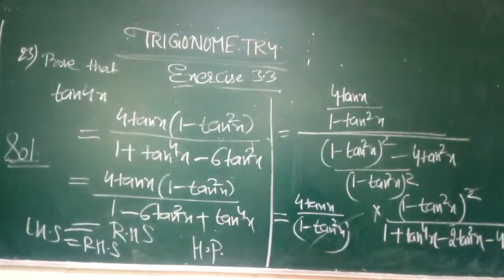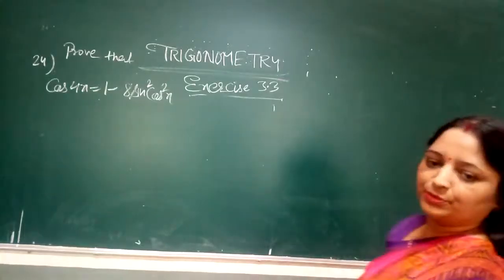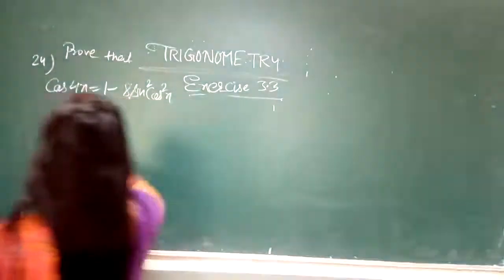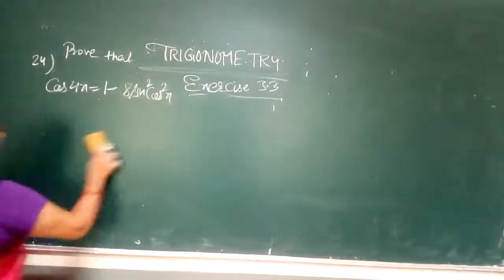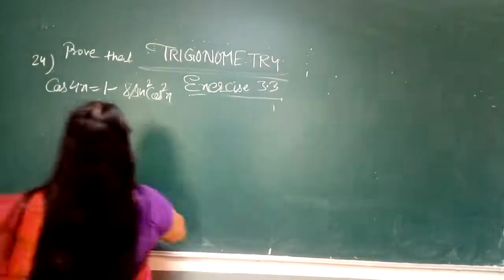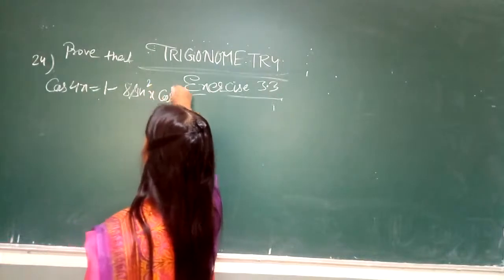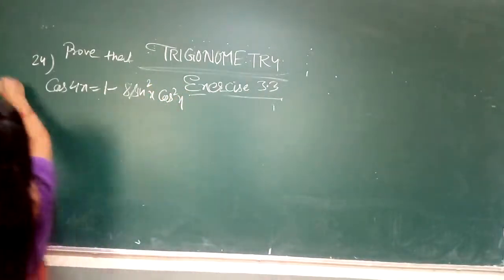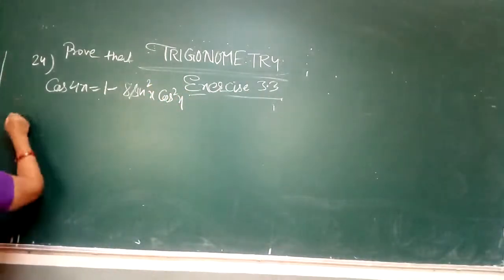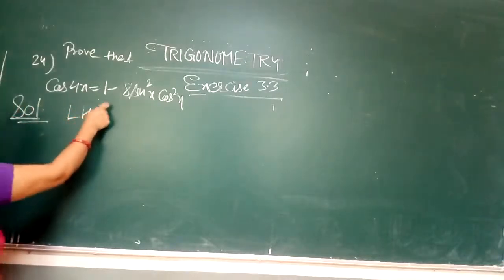Now after that we will solve question number 24. Now students, question number 24 is cos 4x equal to 1 minus 8 sin square x into cos square x. So which term will we take here? Let us start the solution. We will take the LHS. What is LHS?